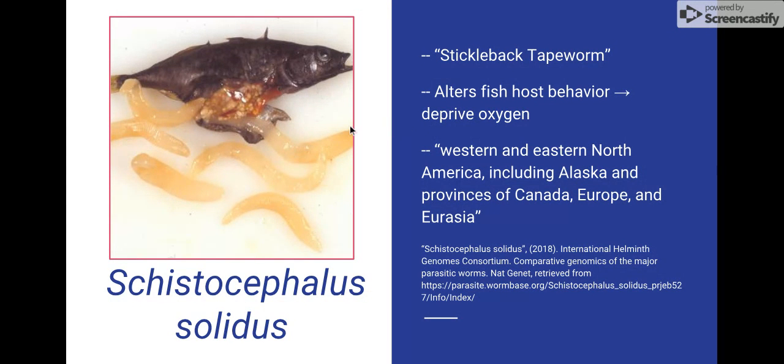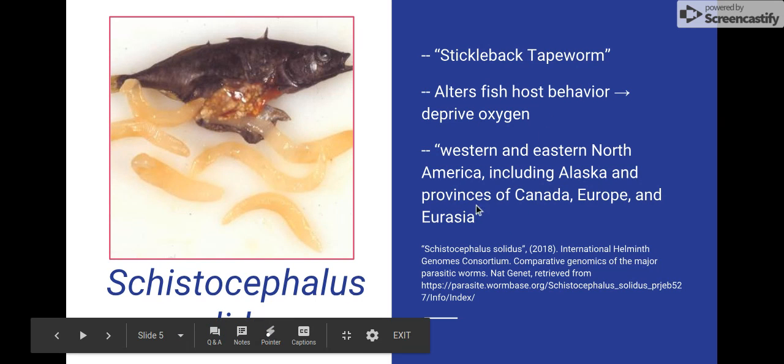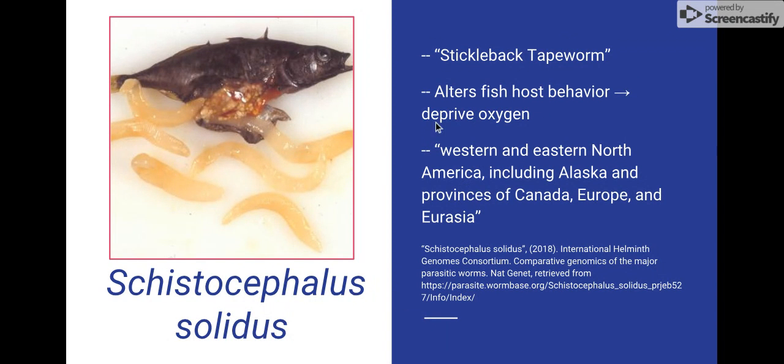So this tapeworm deprives the stickleback of oxygen, which means they will swim up to the surface and gulp the oxygenated water at the top, and since they're frequenting the surface more, they're going to get eaten. They are more susceptible to being eaten by a bird or a rat or something like that.